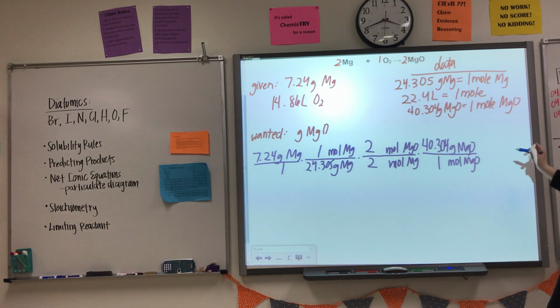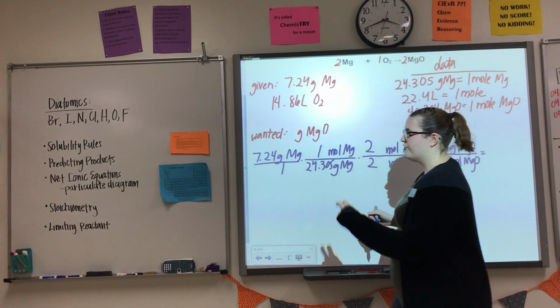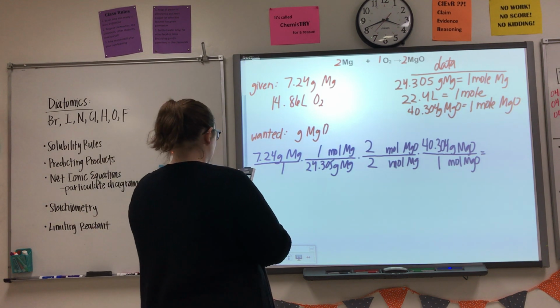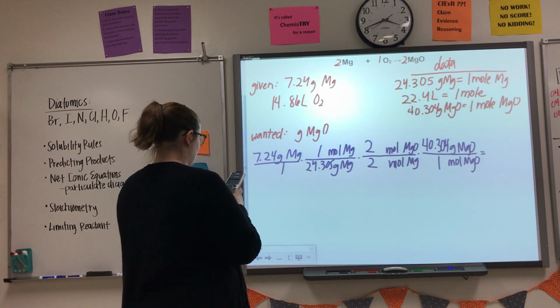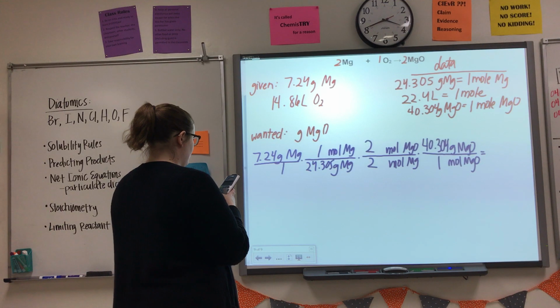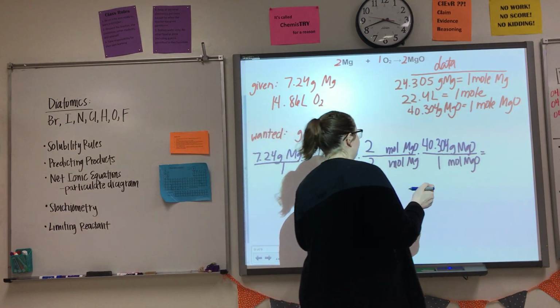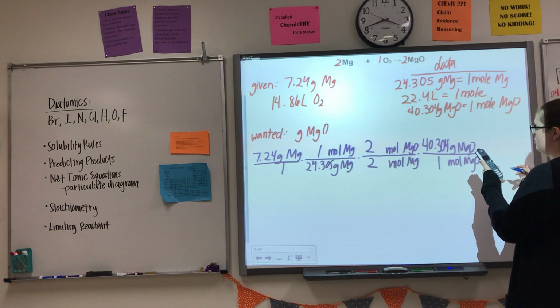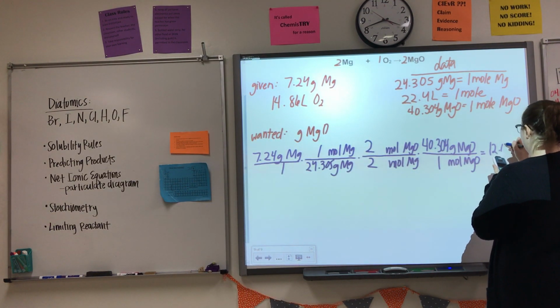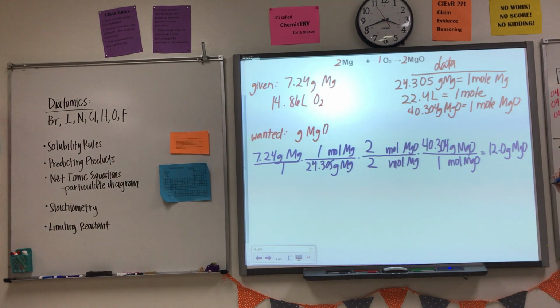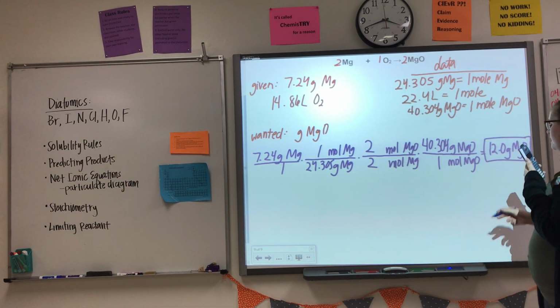Okay? So what I'm going to refer to as my blue reactant, or my magnesium reactant, gives me 12.0 grams of magnesium oxide. So that's my first one. And I'm going to go ahead and box that in so it's easy to find later.